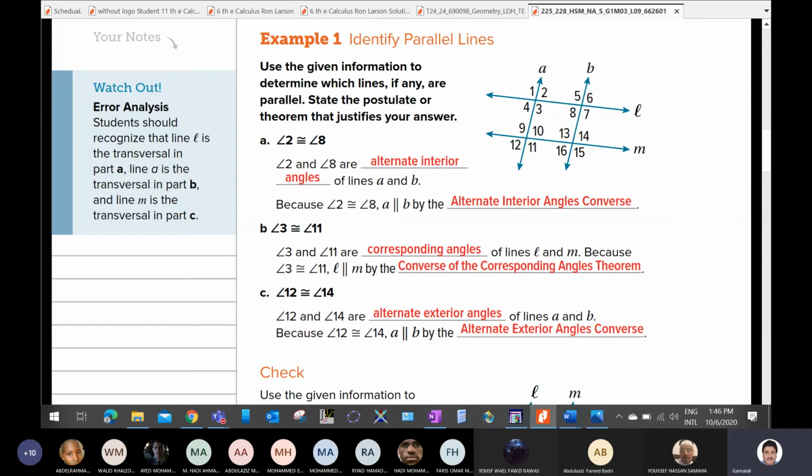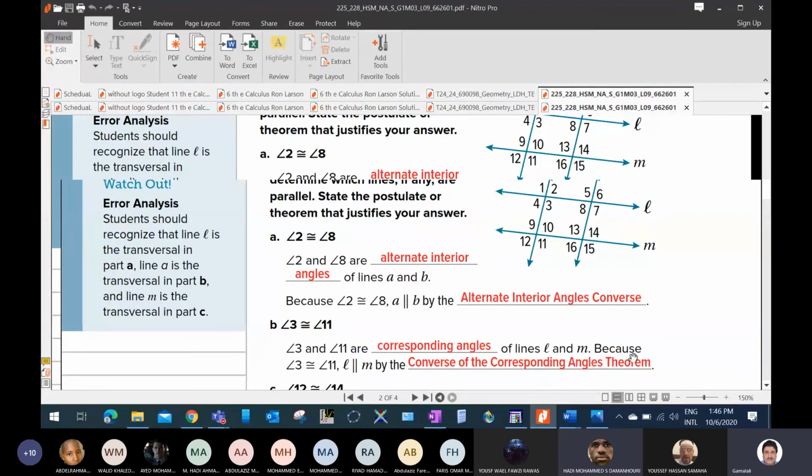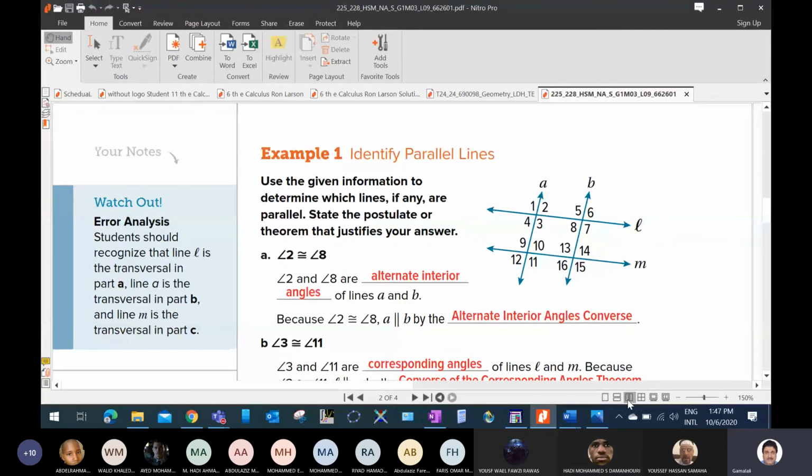We still have only 4 minutes. Yes, mister, we have only 4 minutes. Can I put it on two pages? I think I can put two pages better than that, okay?